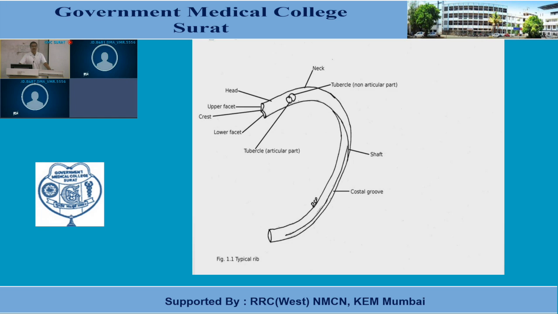Now this typical rib shows an outer surface and inner surface. In relation with the outer surface, posterior aspect, it will show an oblique line. This oblique line shows attachment of the thoracolumbar fascia. The anterior part of this outer surface again shows one oblique line and it will divide the attachment of some muscles.